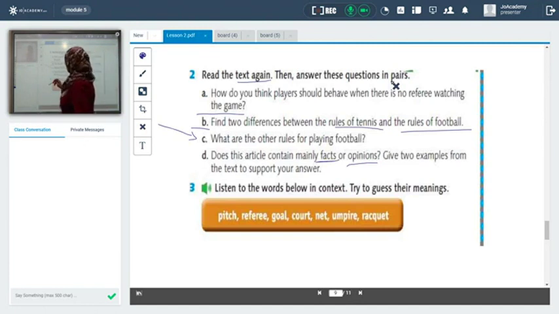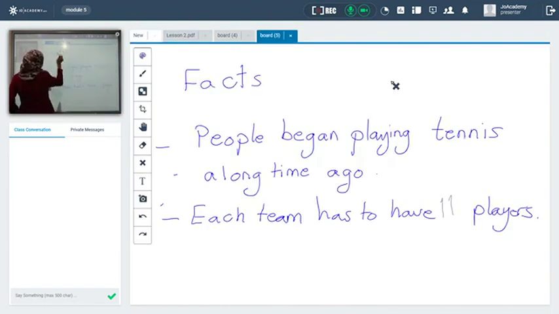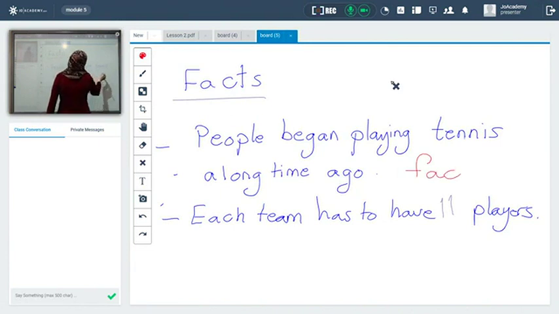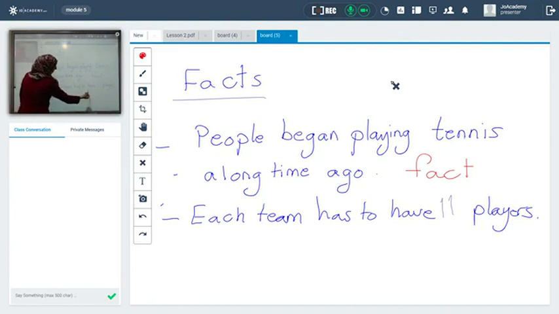We'll see that there are facts. For example, people began playing tennis a long time ago. This is a fact. Let's look at another fact. Each team has to have 11 players. So this is also a fact.